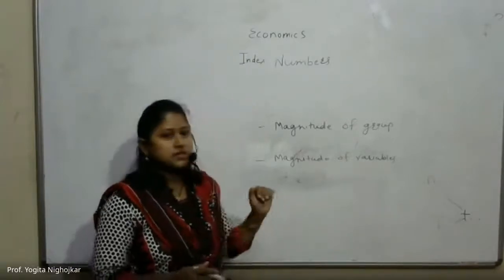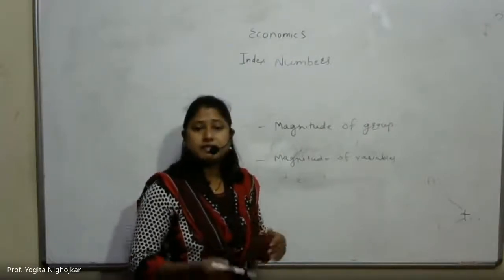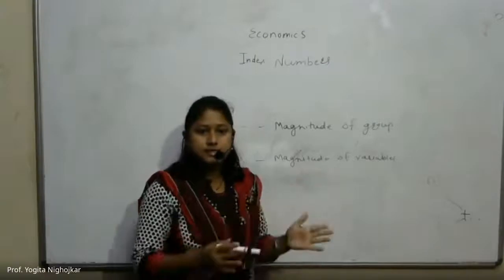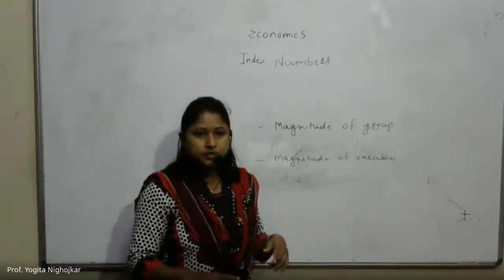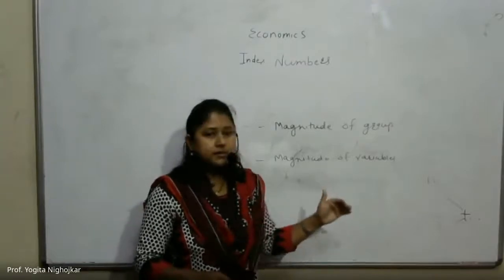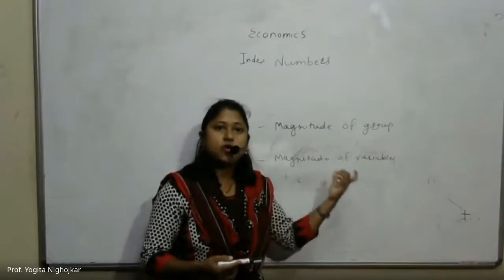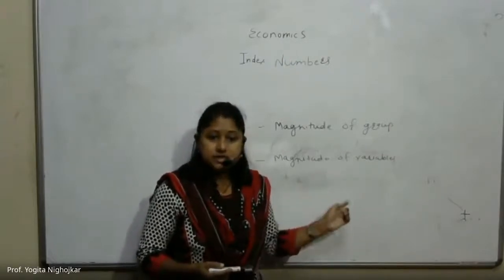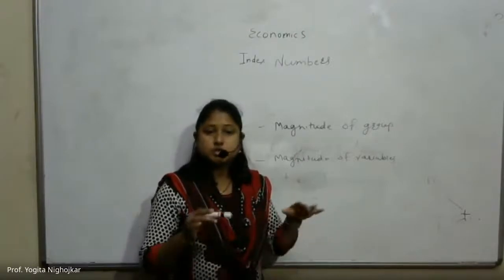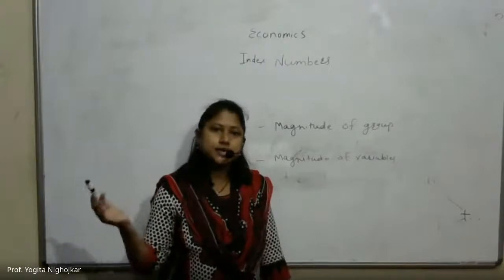To measure changes in a situation, we combine the prices and quantities and find a single number. What is the index number? This single number, which shows overall changes in a phenomenon, is known as index number.